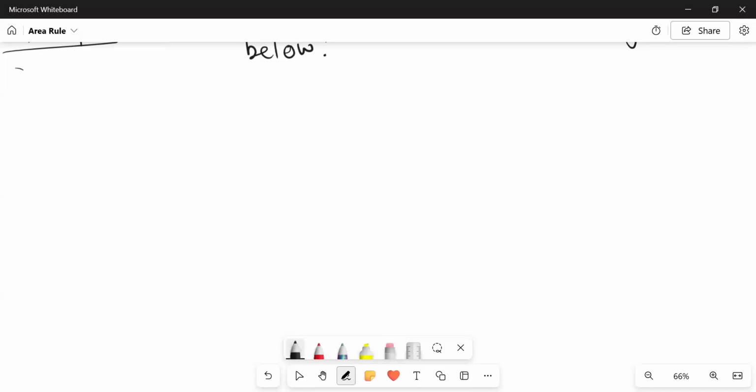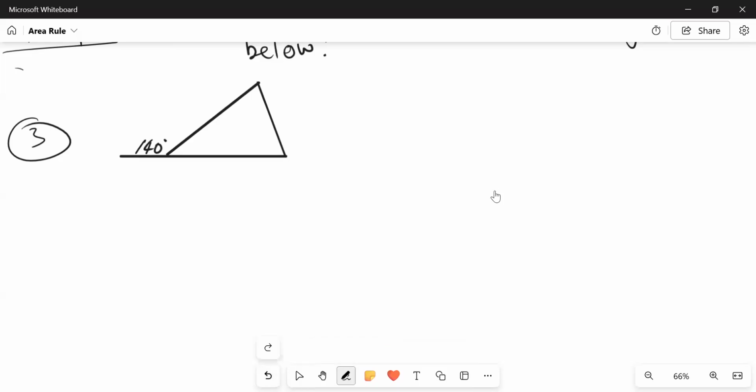Now, example three, number 3. Now they're giving us this type of triangle, where this one is 140 degrees. Okay, then we use a different color.